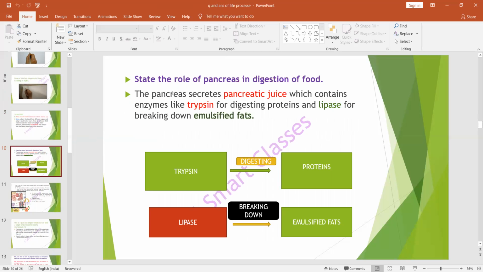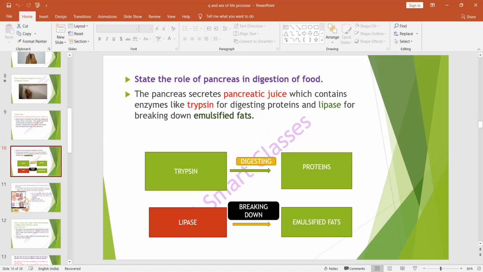Now, next question is state the role of pancreas in digestion of food. Again, this question carries 1 mark because you only have to state the role of pancreas. So the pancreas secretes pancreatic juice. Here I have already marked the names which are very important. You have to memorize the names.